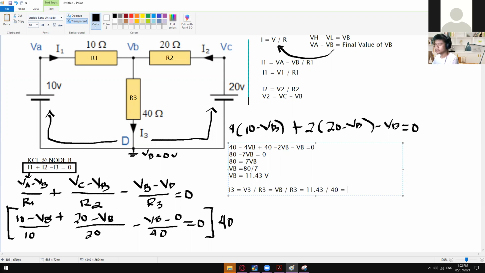So by solving that, 11.43 divided by 40 will give us a result of 0.28575 or 0.29.